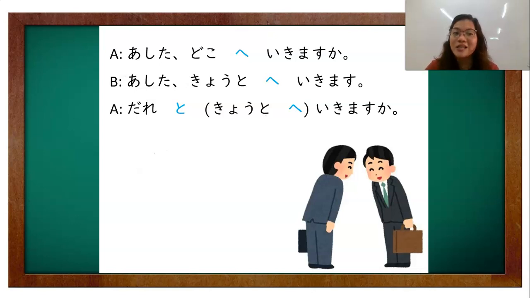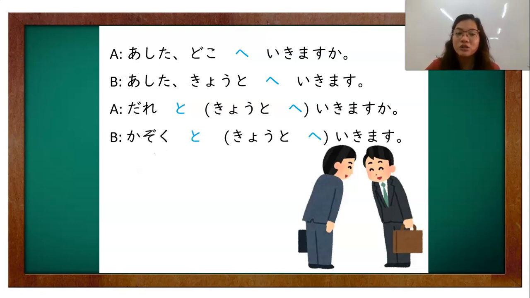Sino kasama mo pupuntang Kyoto? Kazoku to Kyoto e ikimasu. I will go to Kyoto with my family. Kazoku is family.